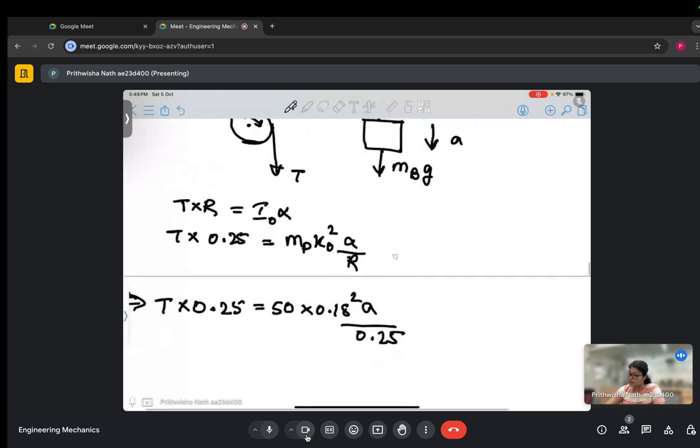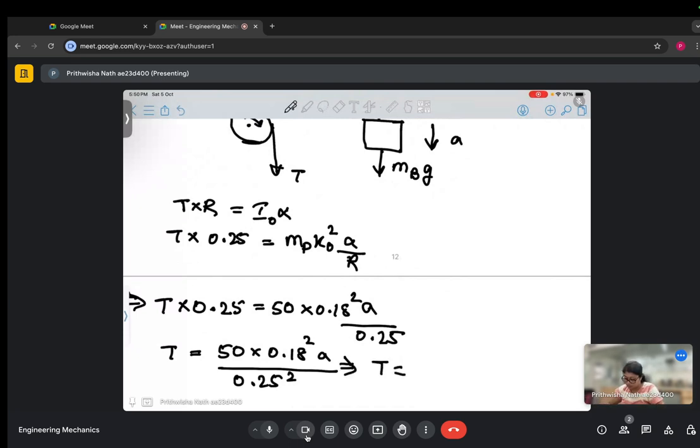So from here I can write T in terms of A. So that becomes 50 into 0.18 whole square A divided by 0.25 whole square. So therefore tension equal to 25.92 A.